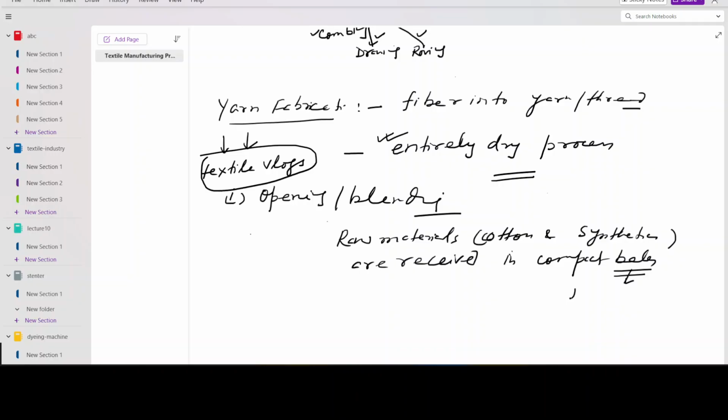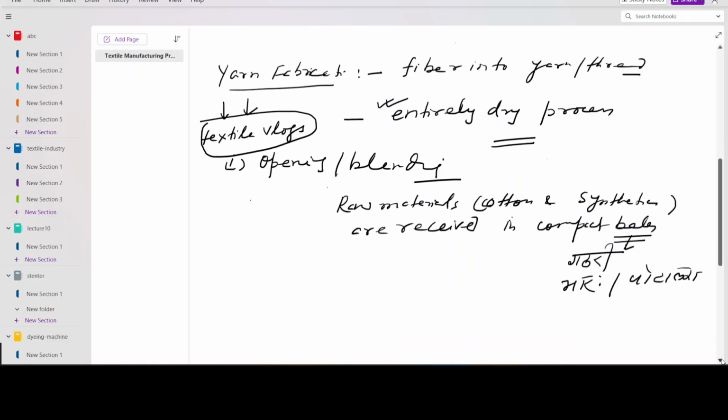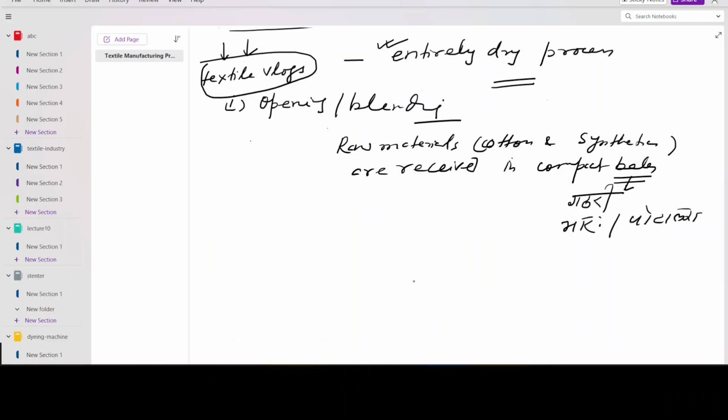Bales are, in Hindi we call it gatri, or in Sanskrit we call it bhara or potlika. It is tightly and rigidly bound, that is known as bales. And here traveling type machine removes and separates the compressed fibers from each bale and opens them into the smallest flock gently.